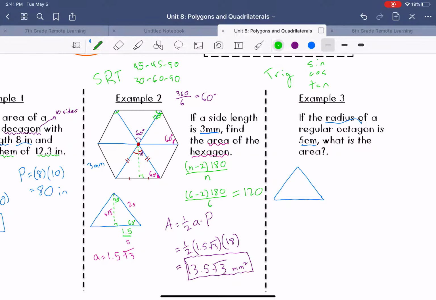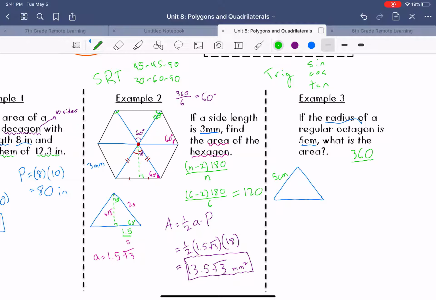So I know that this right here is 5 centimeters. I'm going to use that to help me. I'm going to draw my apothem, and I know that I need to figure out my angles. Actually, I'm going to undraw my apothem and figure out my angles first. All of the central angles together make a circle, so it's 360.